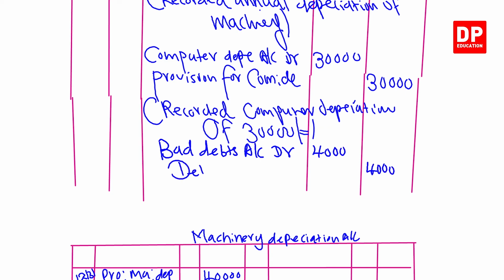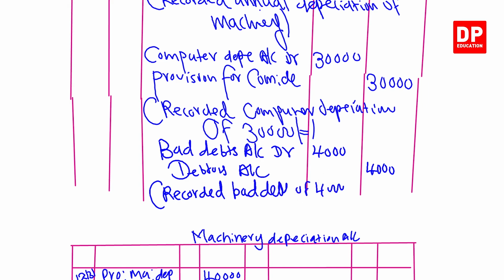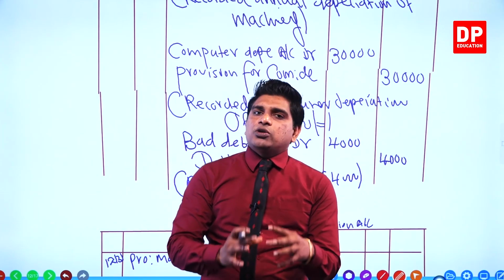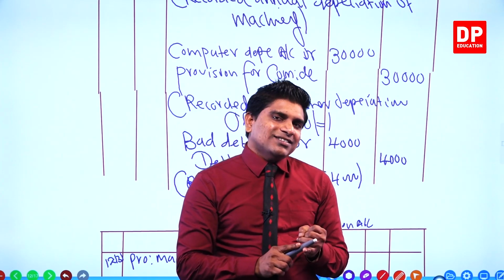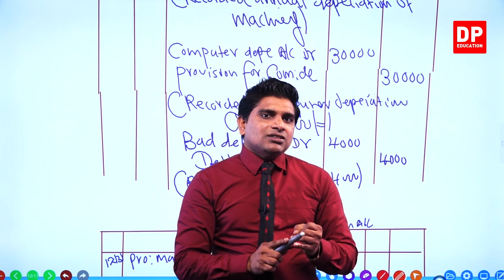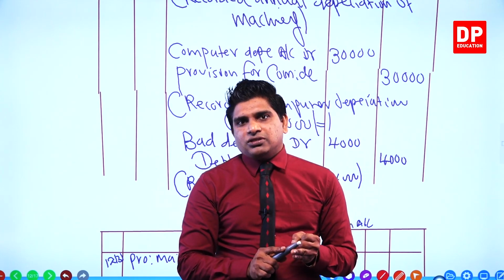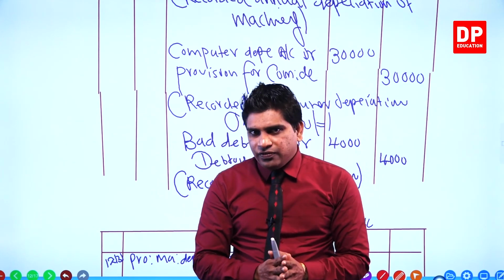Debtors account credit 4,000, recorded bad debts of 4,000. That's all. Now you know very well how to record this detail in the ledger accounts and financial statements, right? You can do it yourself.